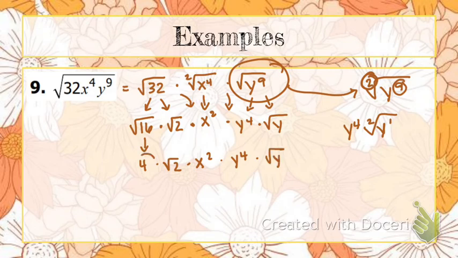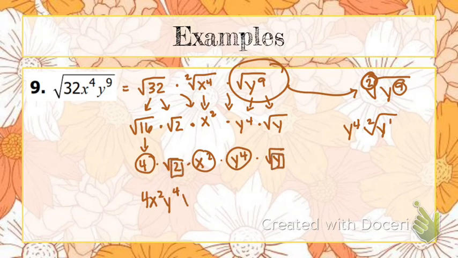So we take everything outside the radical and multiply it together. So 4x squared y to the 4th. And then everything under the radical gets multiplied together under a radical. So your final answer is 4x squared y to the 4th times the square root of 2y. We're going to do a few more examples, so don't get too concerned.